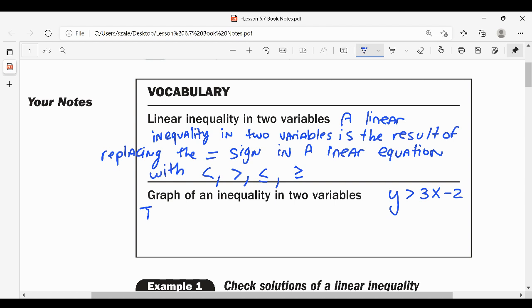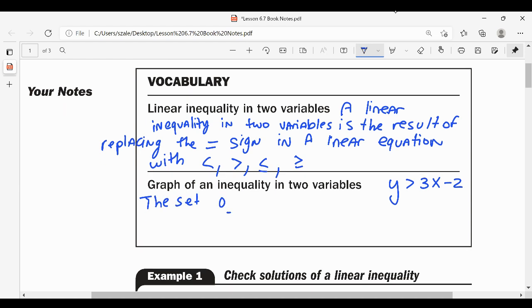So a graph of an inequality in two variables is the set of points that represent all solutions of the inequality.